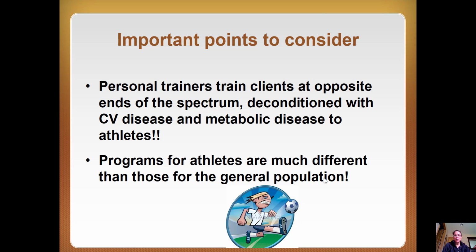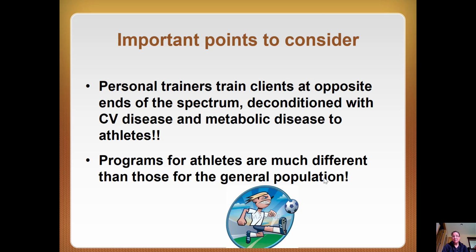So the first thing I want to point out is that as a personal trainer, we are training clients from both ends of the spectrum as far as their health. So we have those deconditioned, those folks who have never exercised before in their life, or haven't exercised since childhood, for example. We have those folks who have cardiovascular disease and metabolic disease, overweight and obese, to those clients who are athletes who have a low percentage of body fat.